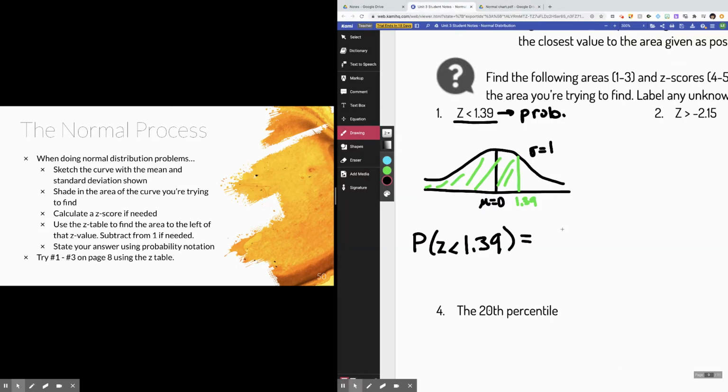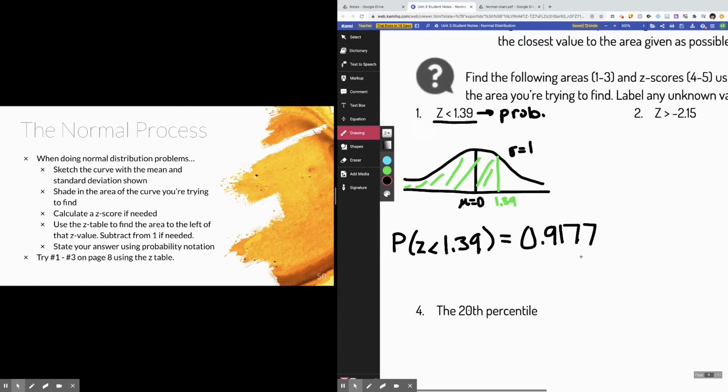And that's my final answer here, 0.9177. You can leave the problem exactly like that. You don't have to convert it to a percentage if you don't want to. Most of the time, probabilities are left as decimals rather than converting them to percentages.